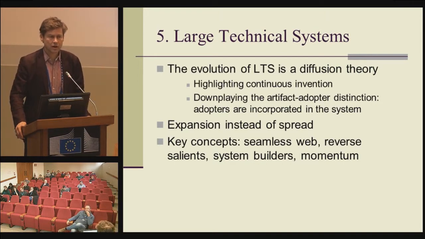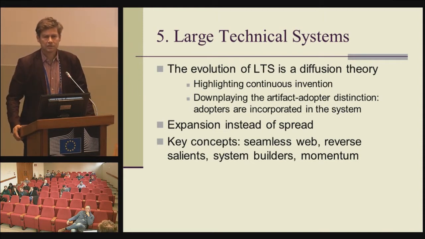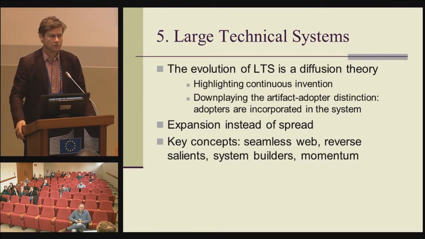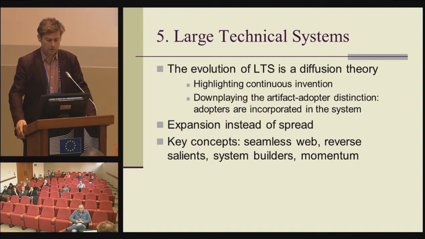Thomas Hughes also describes how this system then gets momentum and starts to include much more. The systems are eating up their environment. And when they come to a barrier, which is called the reverse salient, then they have to devote their attention to that. So one of the reverse salients of Thomas Hughes was the idea that during the day, people did not use a lot of electricity, so he had to think about ways to make people use electricity during the day, and he was buying fairgrounds where people could go and they used a lot of electricity.